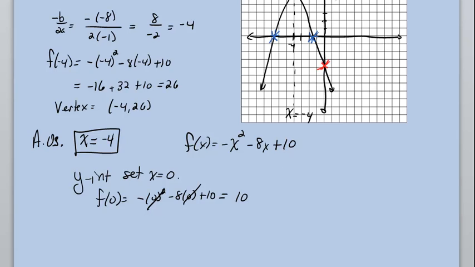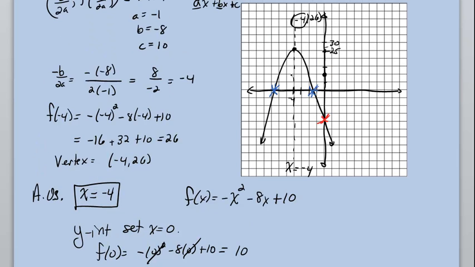So in actuality, I should have drawn this so it intersected right here. I'm going to erase this portion and redraw this so it's more to scale. This should actually intersect at 10 and go all the way down.